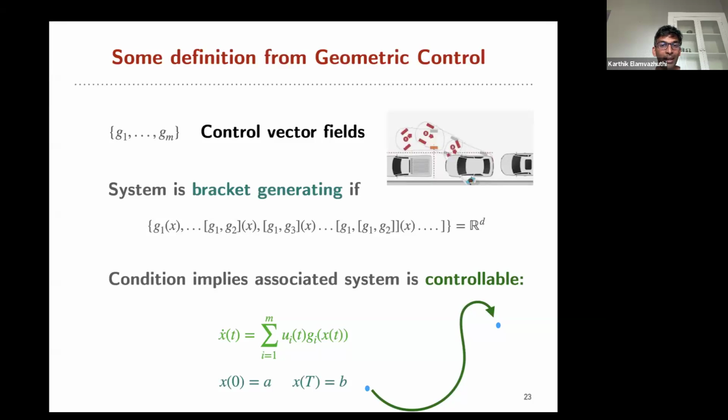And hence this means that you can add noise to both your steering and forward and backward motion direction, and eventually your car can reach anywhere in space. And this amounts to the non-degeneracy property of the differential operator as well.